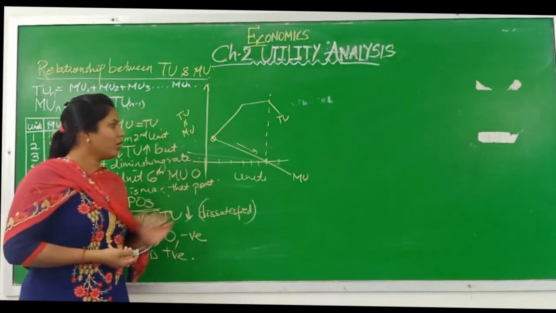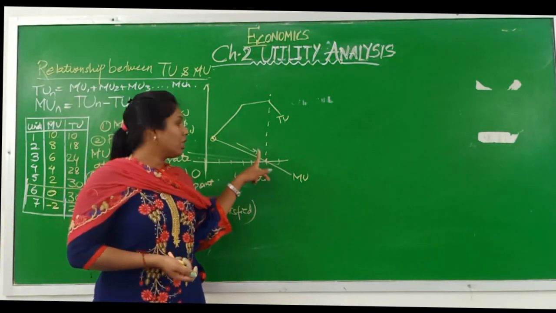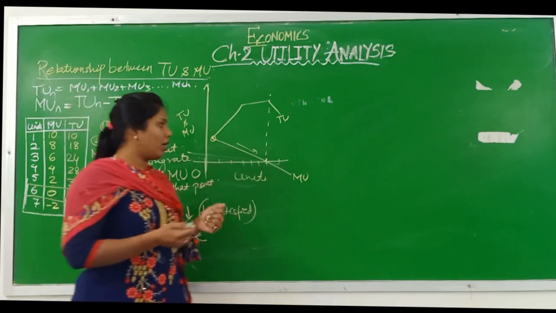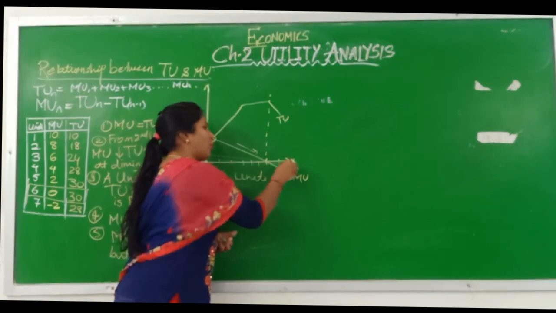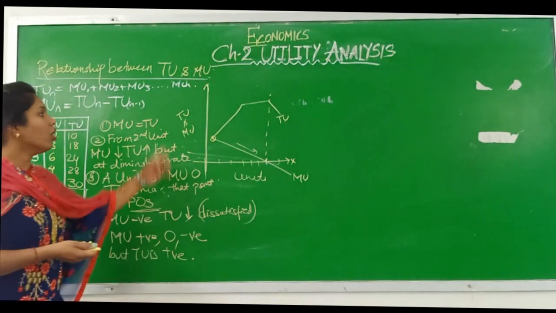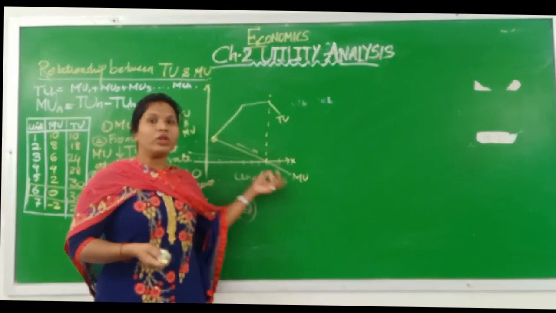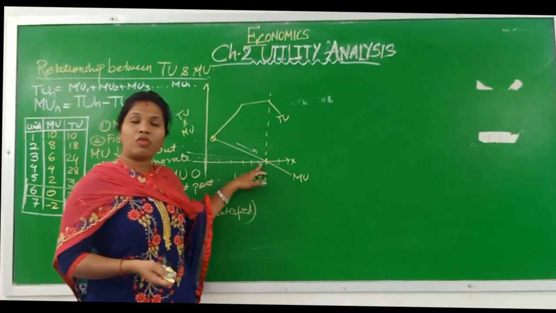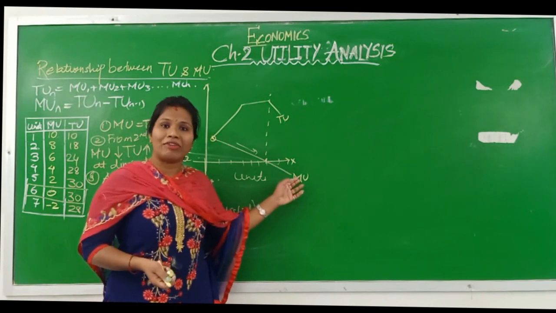You can see that at unit 6 it is touching the x-axis. On the x-axis we are plotting units of commodity consumed, on the y-axis we are plotting TU as well as MU. We can see that when we plot units and MU, it is a downward slope from left to right. At unit 6 it is touching the x-axis because MU is 0 and afterwards it is entering the negative quadrant.